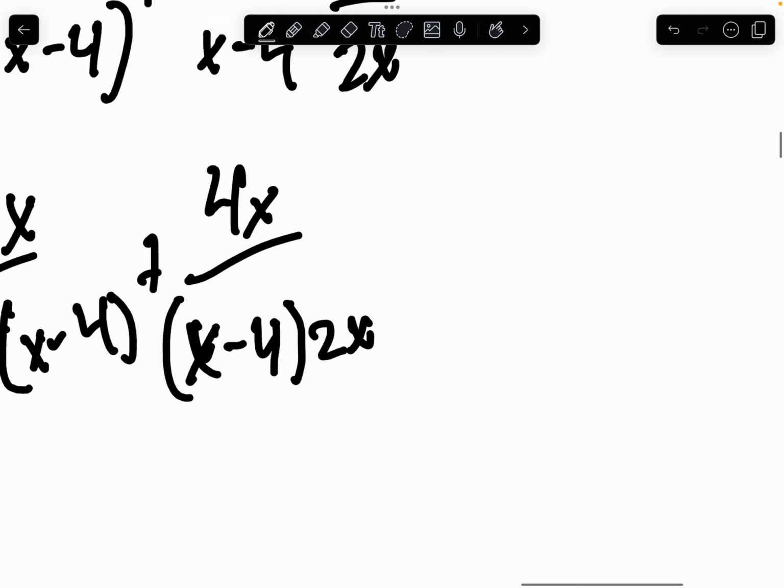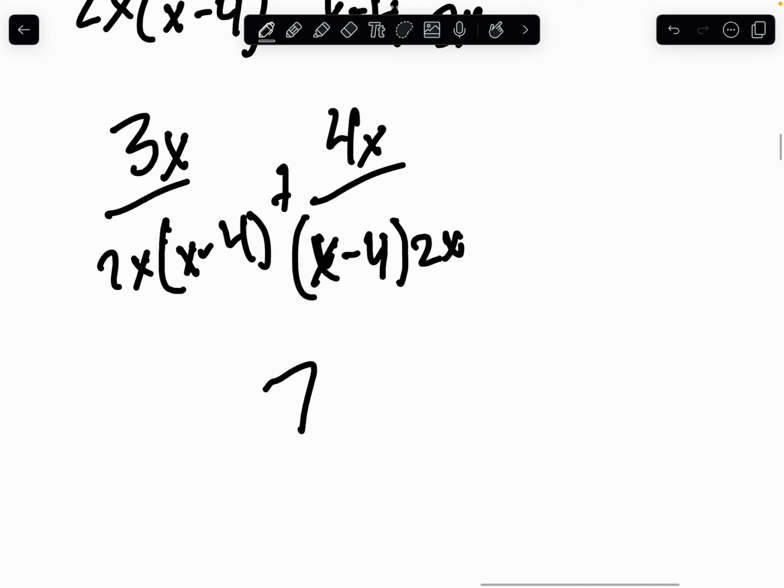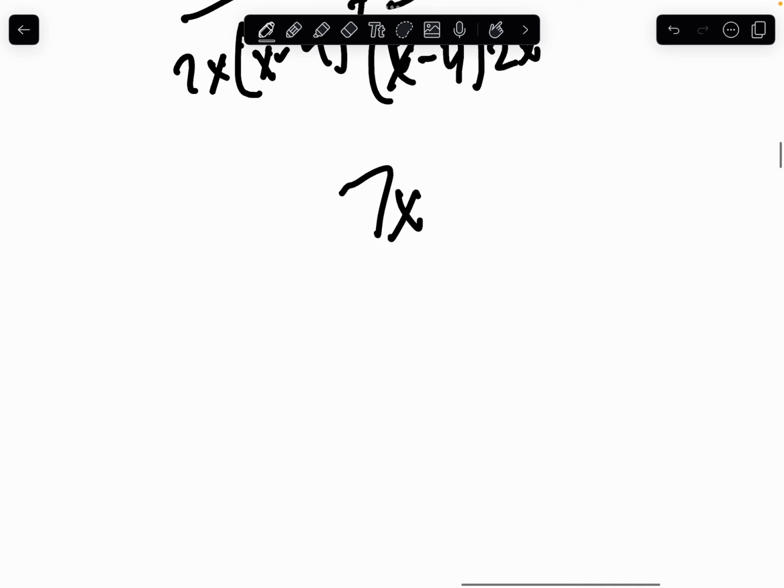So now that the denominators are the same, we can combine them. So you get 7x, because 3 plus 4 is 7. 7x over 2x times x minus 4.